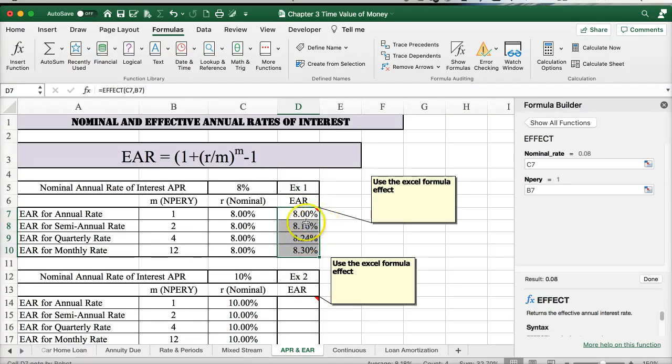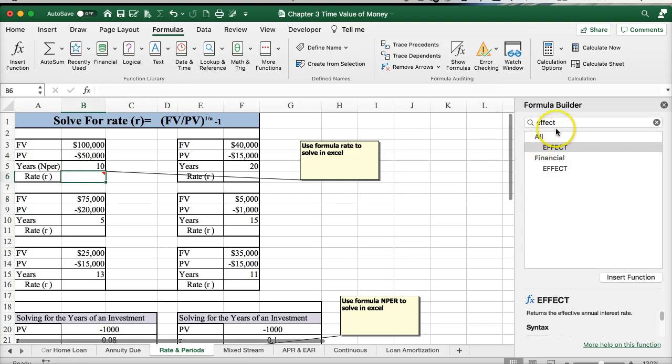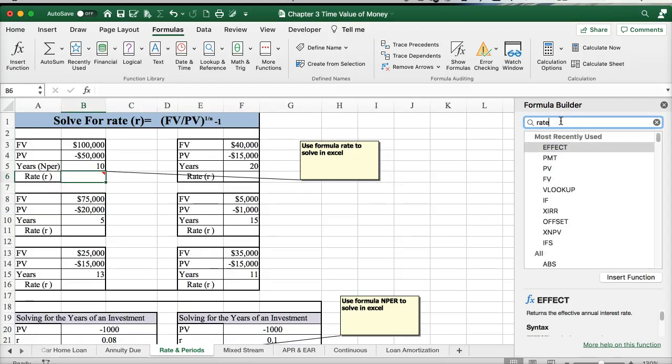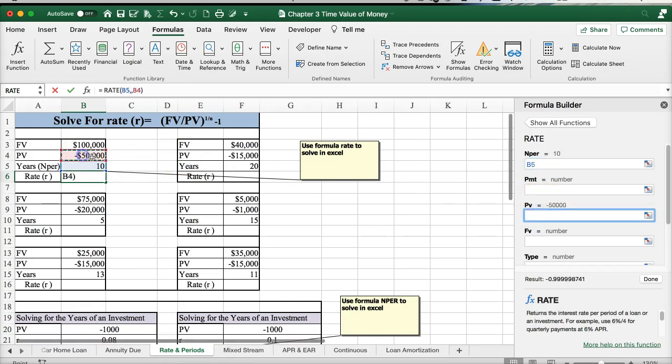Okay, so last thing I want to talk about is rates and period. If you ever had to calculate the rate, there is a rate formula that you could use. So you put in your N per, you put in, in this case, our present value, which should be negative.